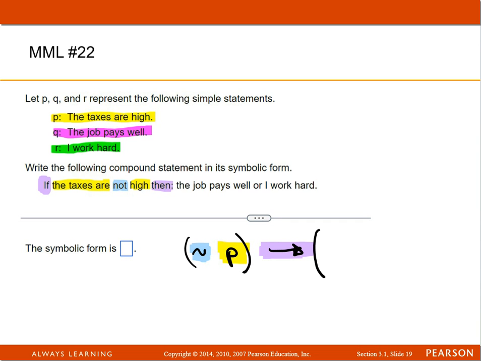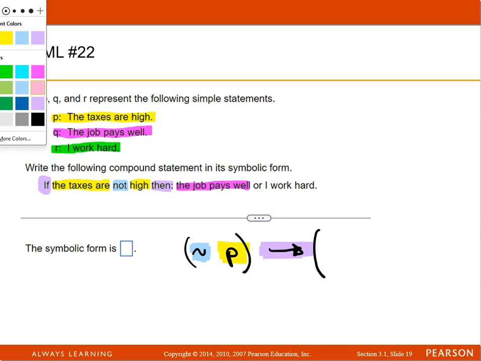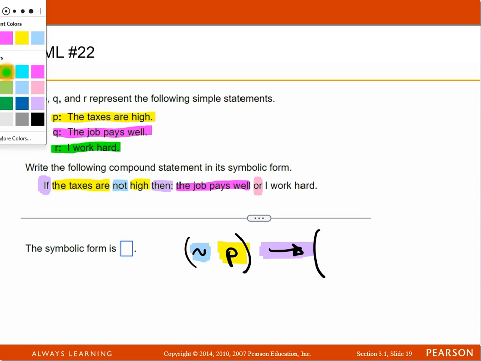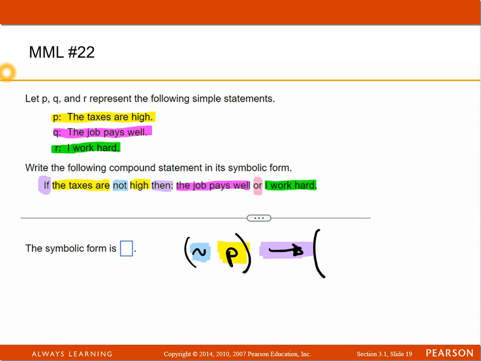Okay. The job pays well, or I work hard. I do work hard. The job doesn't pay well though.